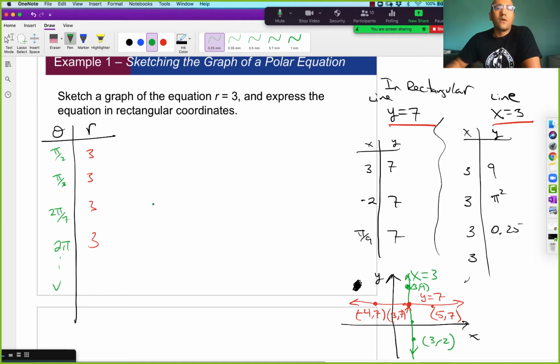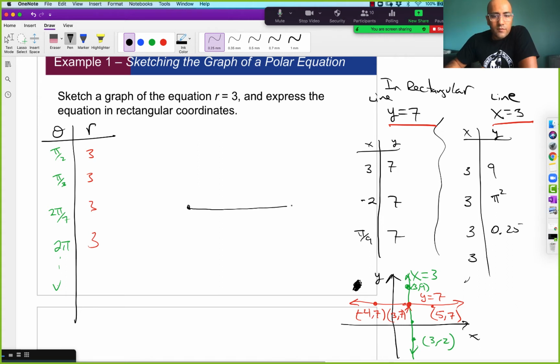So what would the graph look like if, as we choose any and all possible theta values, it always creates a ray on which we travel exactly 3 units away from the origin? Right, so think about that. Let's just pick one of them.